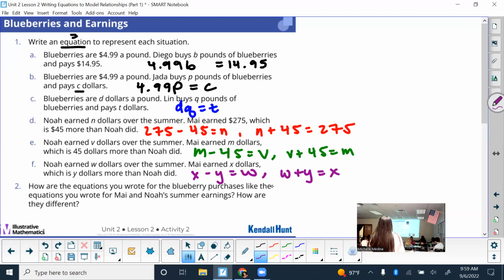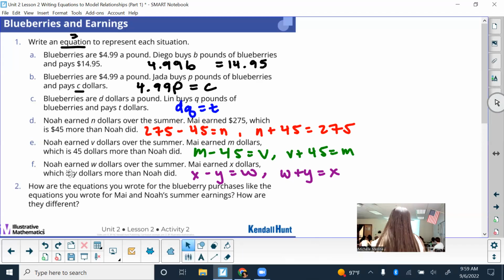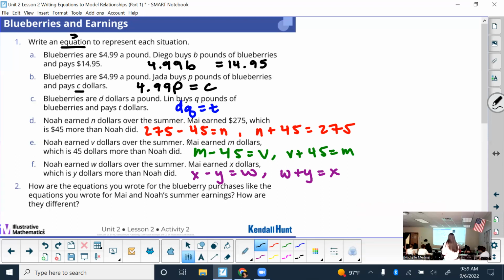All right, we're not going to answer this part, but it says, or maybe we will: How are the equations you wrote for the blueberry purchases like the equations you wrote for Mai's and Noah's summer earnings? How are they different? Or just anything that you're observing, I will entertain.